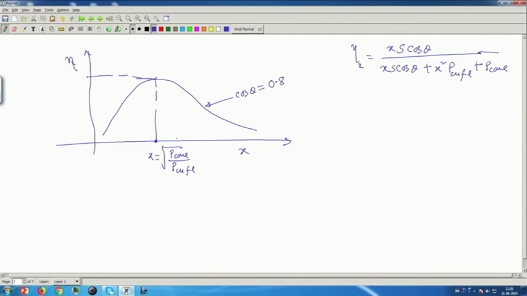Now, the question is, suppose I vary the power factor from cos theta equal to 0.8 and do the same exercise, what will be the plot?